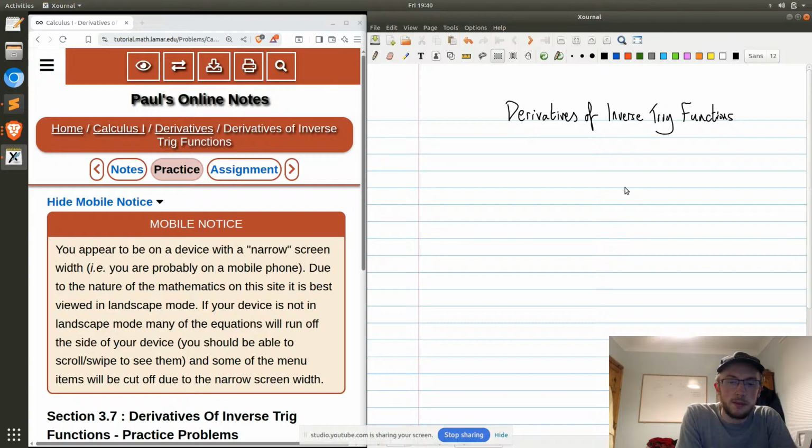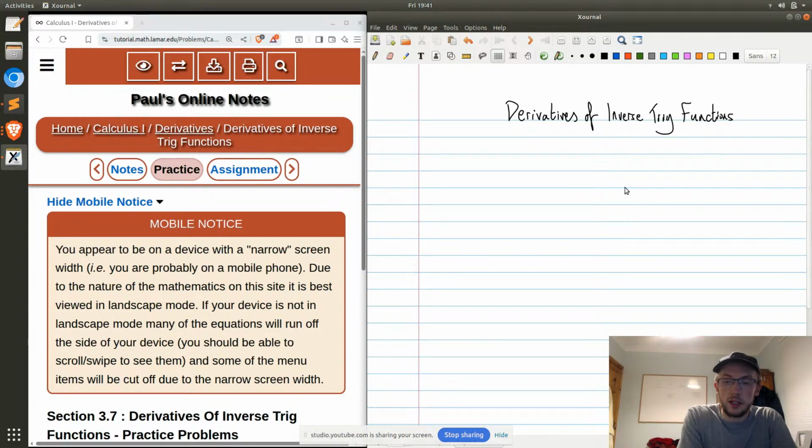Well, the domain will be -1 to 1, and the range would be 0 to pi, I believe. As for the tangent function, the domain would be the entire set of real numbers, and the range would be minus pi over 2 to pi over 2, exclusive, because, of course, tan of pi over 2 is undefined, and tan of minus pi over 2 is undefined.